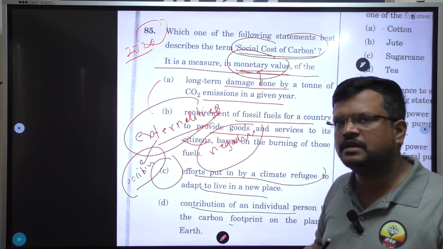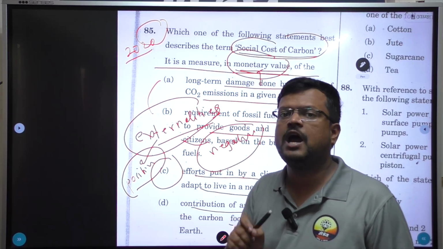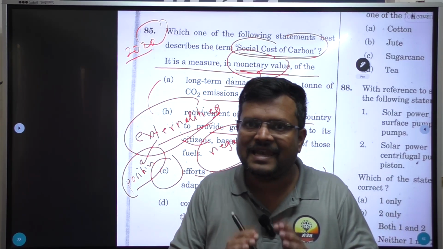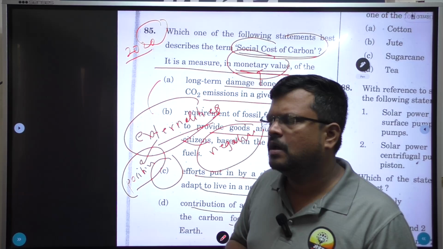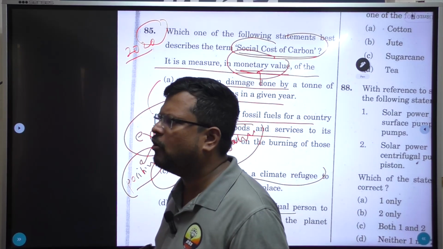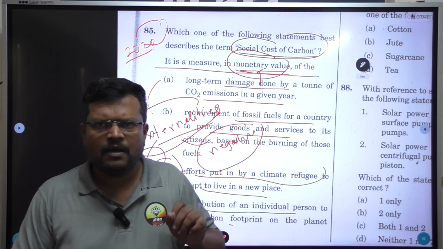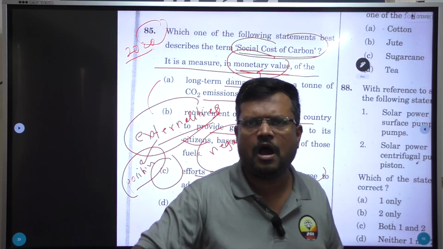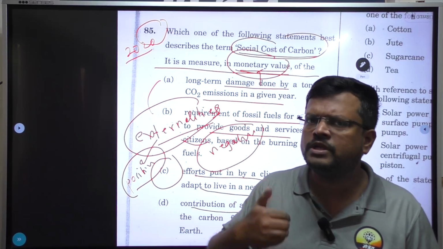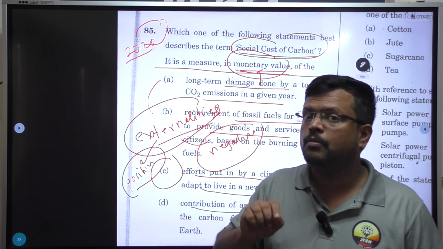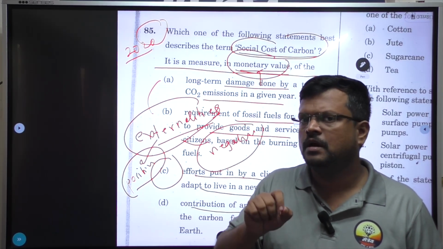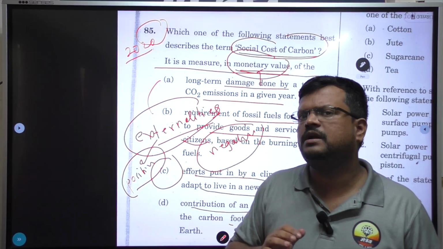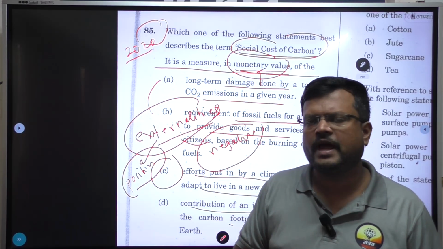Then the second type, negative externalities. What do you mean by negative externalities? The externalities which have a negative social cost. It means while generating oil or refining oil, I'm just taking note of how much oil I'm producing and how much oil I'm refining, but I'm not taking into consideration the amount of environmental damage done by such economic activities.